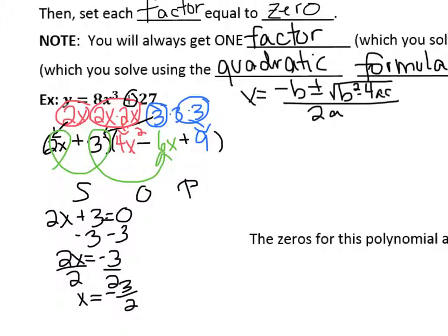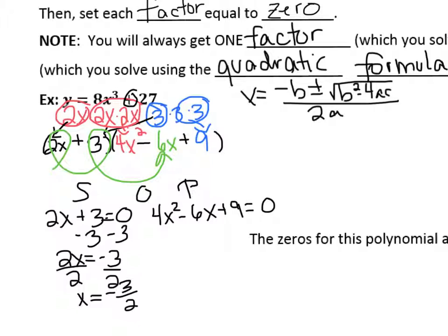The second one, we're going to be solving using the quadratic formula. So I'm going to still set it equal to 0. 4x squared minus 6x plus 9 equals 0.